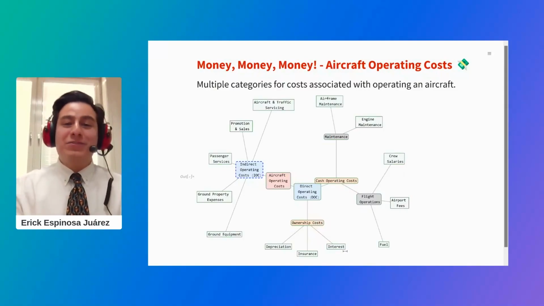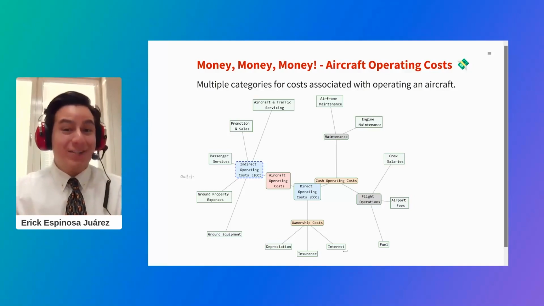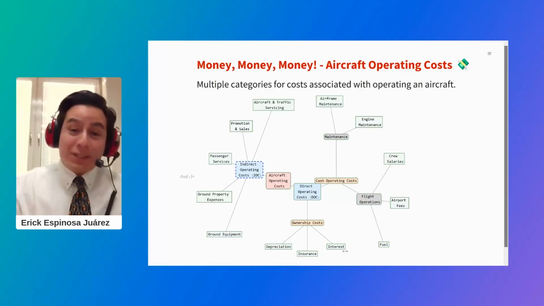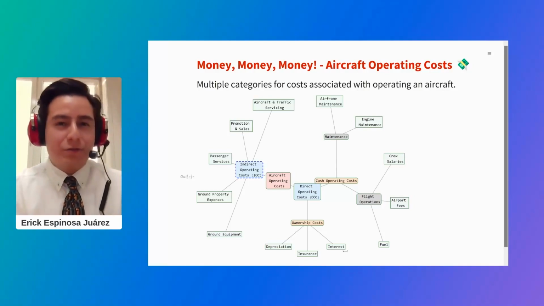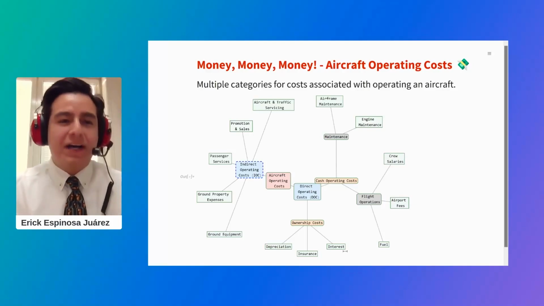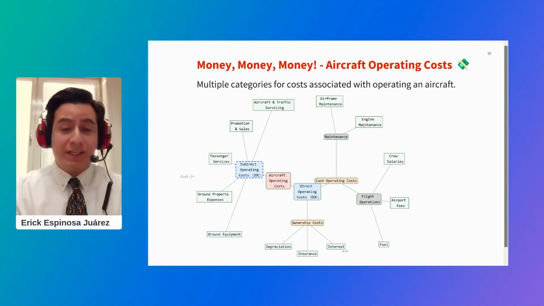And when it comes to the costs associated with operating an aircraft, they are not small. There are multiple categories. In here we can see the indirect operating costs on the left, which are a little bit more tricky to quantify. For example, promotion and sales, air traffic servicing, the lobbies, the lounges, those are costs associated with operating an aircraft.